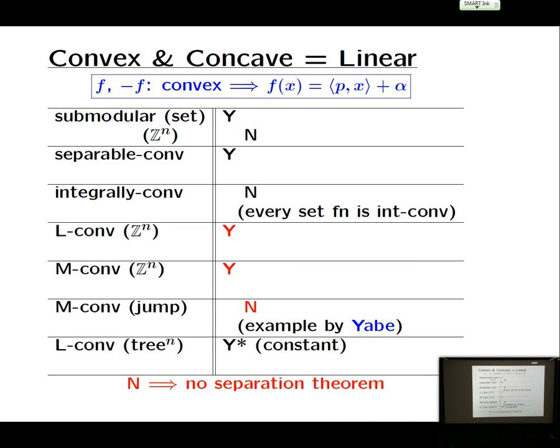It is called a convex function, but it's not really convex. It's an annoying phenomenon. So the answer no implies there's no separation theorem. Not conversely, but if we have no already here, then we cannot hope for any discrete separation theorem.